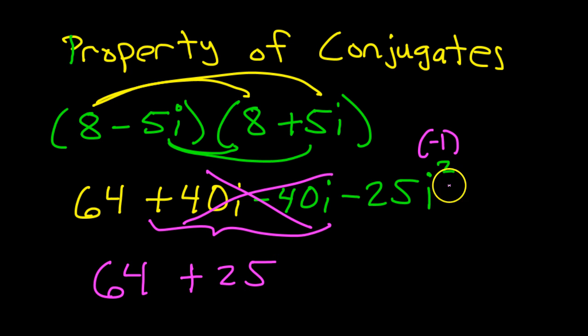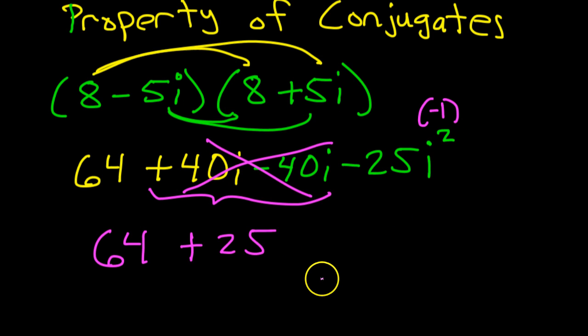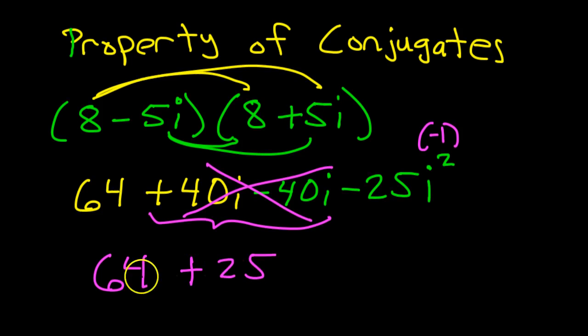Now the main thing to notice here is that all of the i's are going away, and I'm going to be left with just a real number. In this case, 89. So the key property of complex conjugates is if you multiply a complex number by its conjugate, you're going to get a real number. No i, no imaginary.